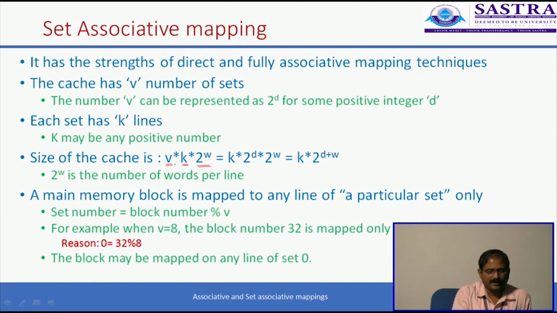So, the size of the cache is the product of these factors. V can be written as 2 power d, and 2 power W is written as it is. So, now the size may be written as K into 2 power d plus W.